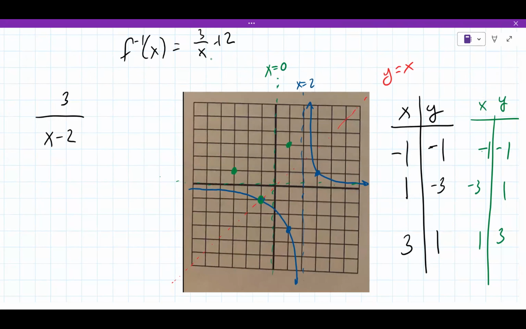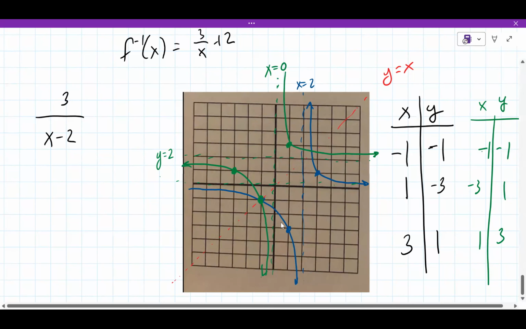And then it's got a horizontal asymptote at 2, which is y equals 2 there. So graphically, it looks like this. And then the other one looks like this. And you're supposed to see a mirror over that red line, which I think you can kind of see down here, but the other one's a lot harder to see.